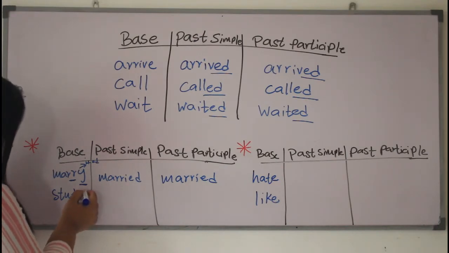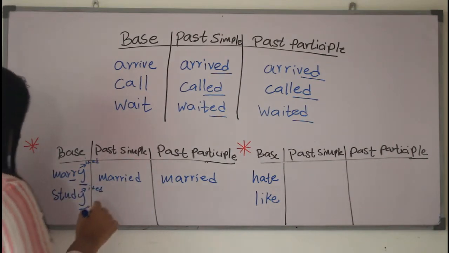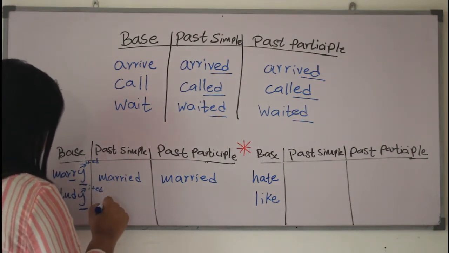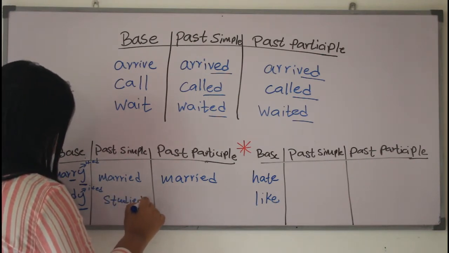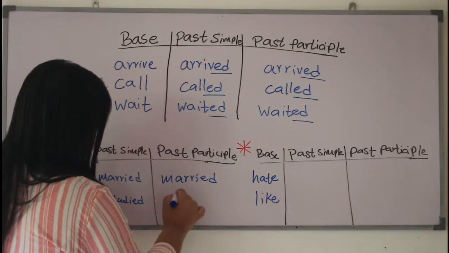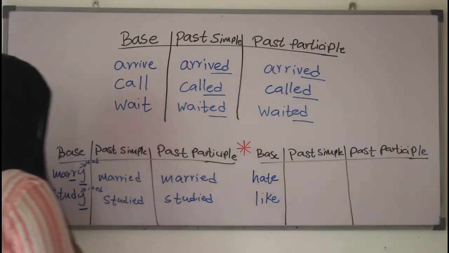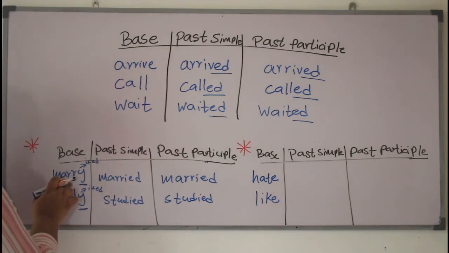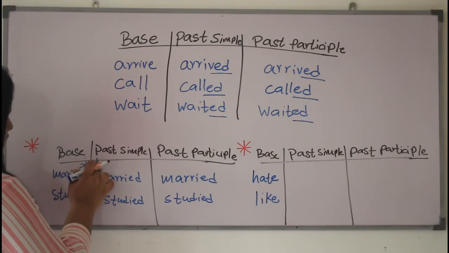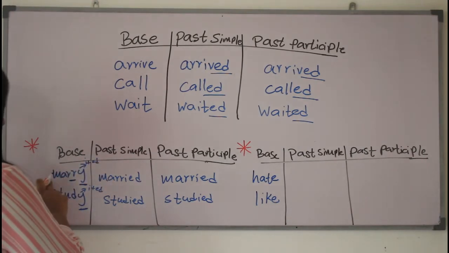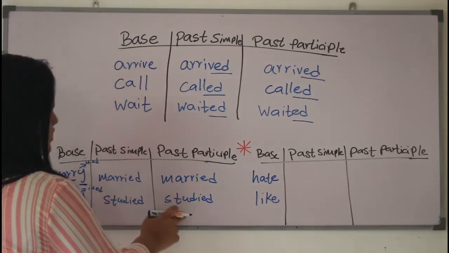Change the y to i and add ed. So study becomes studied. Past participle form also studied. If the verb ends in consonant and y, we change the y to i and add ed. Marry becomes married and married. Study becomes studied and studied.